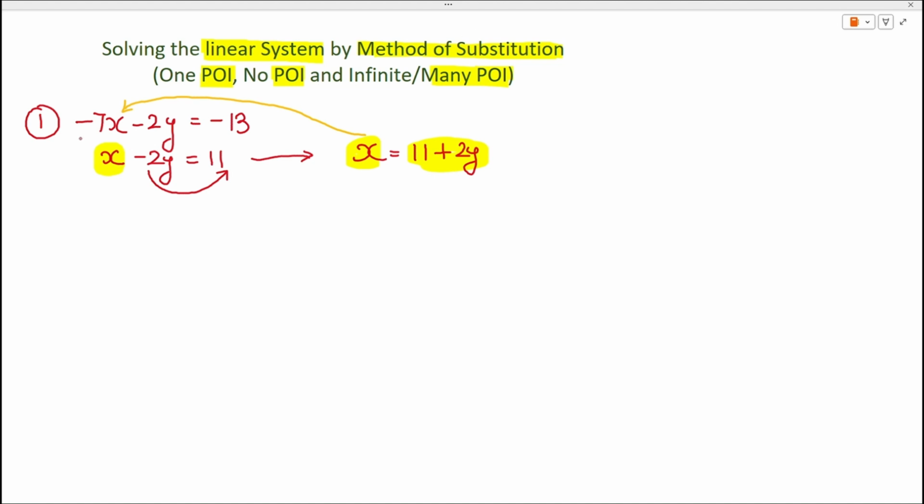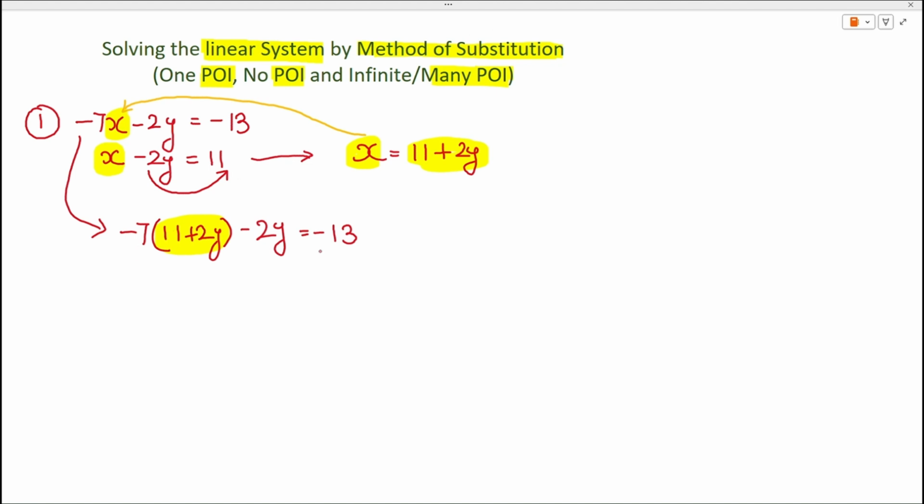So now our first equation will turn to negative 7, and instead of x we can write 11 plus 2y, because x is equal to that and the rest of the things from the first equation will be the same. So negative 7 times 11 plus 2y, subtract 2y is equal to negative 13. You can see what we've done. In the first equation, x has been substituted by 11 plus 2y.